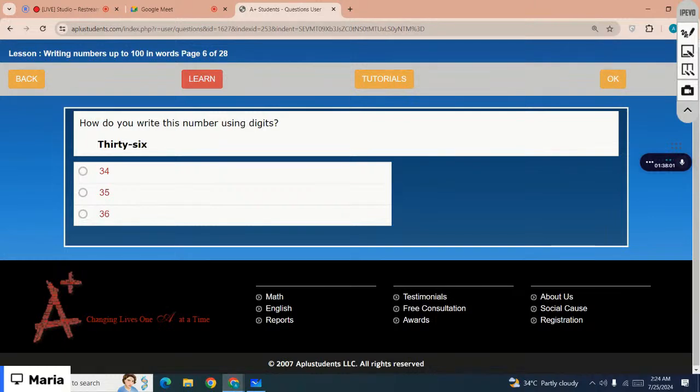How do you write this number using digits? 36. Which is the correct option?